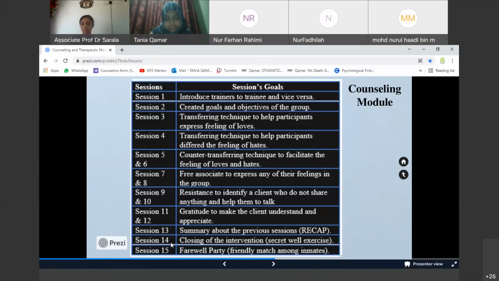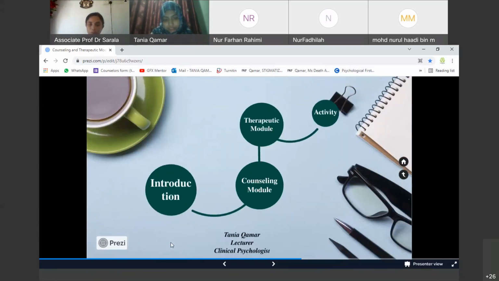I share these things because, as I said firstly in this lecture, many people mix the concept of counseling and therapy, especially when they use our module in groups. So I share this so you can easily differentiate between these things.